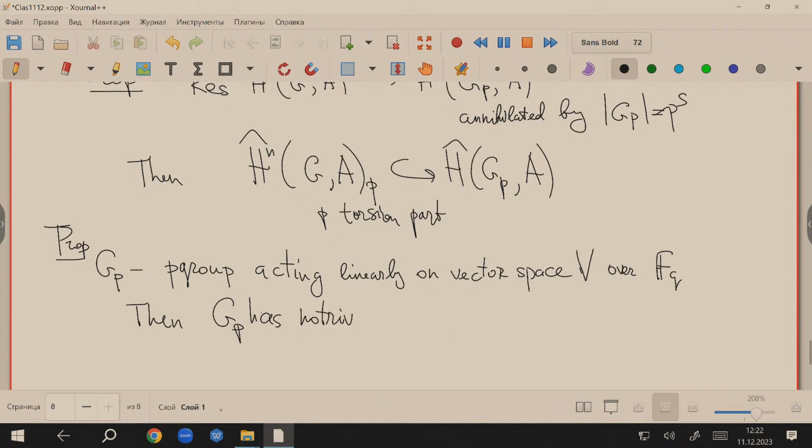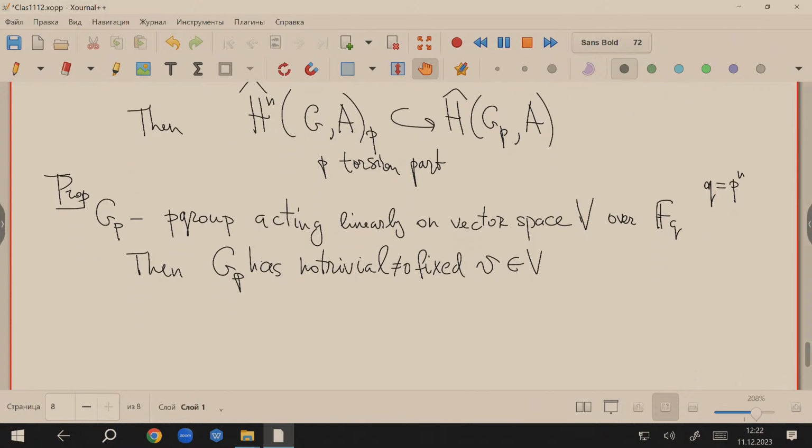P divides Q, right? Q is just P to the power n. Of course, I could say over P. Has a non-trivial, not equal to 0 fixed vector. Yeah, so this is easy, because you can just consider the action of this group on the vector space, and it is decomposed into the orbits.